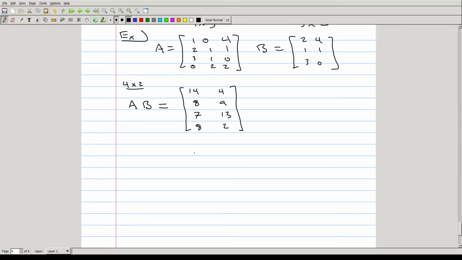And you may wonder where some of these values come from. Let's call this C. We'll use the formula to check a couple of these. So let's look at C21. C21 is going to be the second row multiplied by the first column, added together. That's going to be 2 times 2, which is 4, plus 1 times 1, which is 1, plus 1 times 3, which is 3, which is going to be 8. So that matches up very nicely.